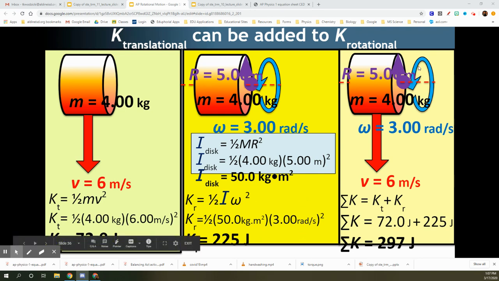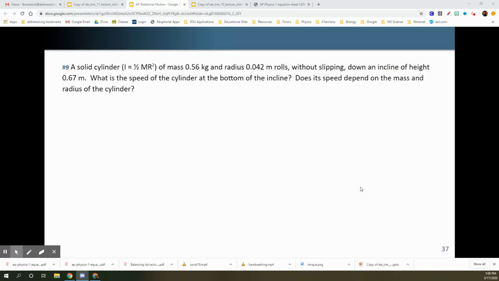And then you can add those together. The whole reason we had to go over this topic is because we had number 9 on the rotational motion problems. So let's see if it'll unpause.